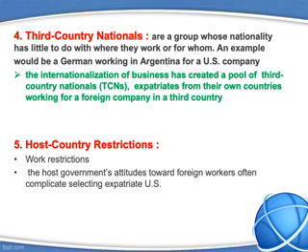The internationalization of business has created a pool of third country nationals, expatriates from their own countries working for a foreign company in a third country.